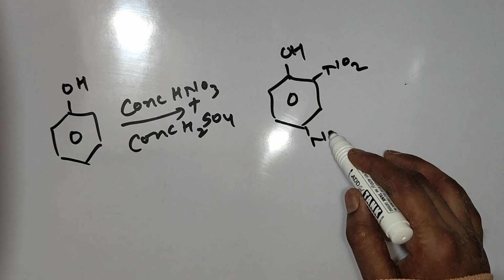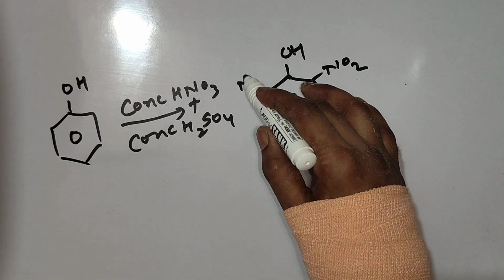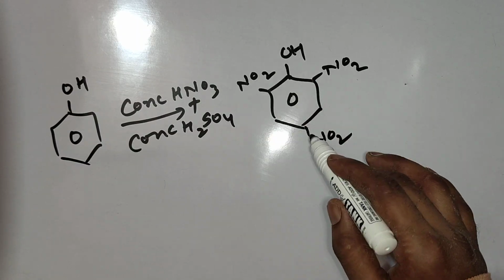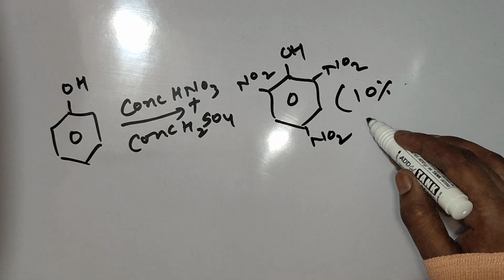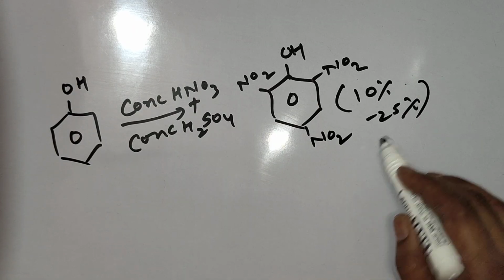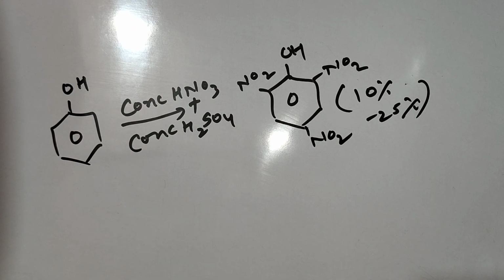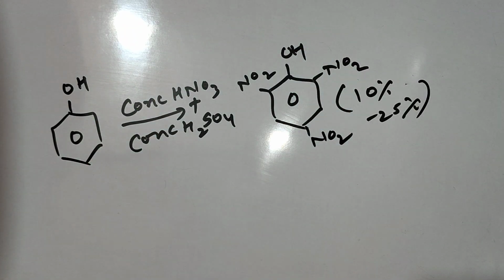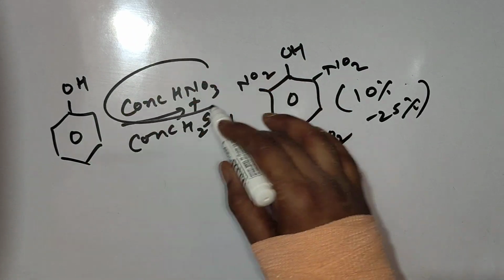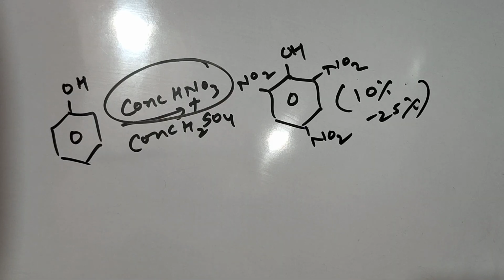This is picric acid, which we want as a main product. But the problem is, it is not a main product. Its percentage is only 10 to 25%. What is the reason why we are not getting a high amount of nitrated product? Because of concentrated nitric acid.